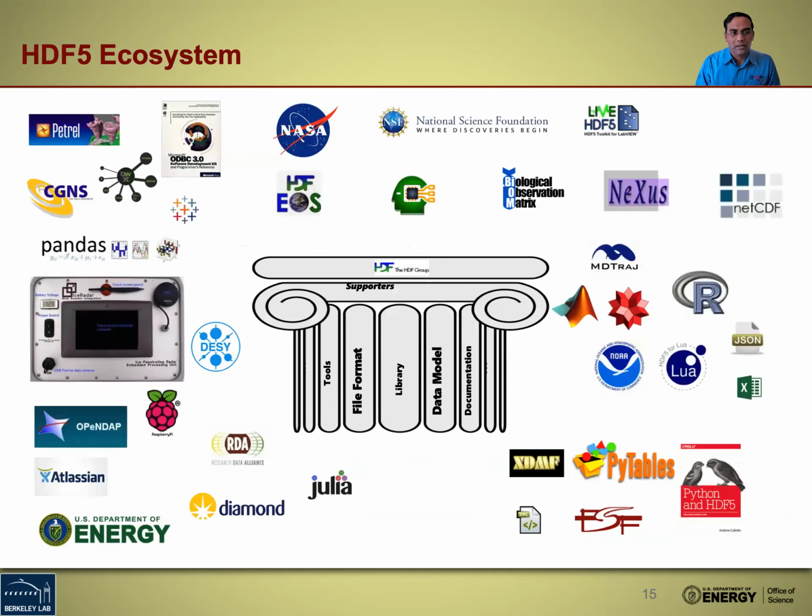It has a very high coverage of ecosystem in terms of third-party libraries on how to use the HDF5 library easily, and also various visualization tools that can read the data from HDF5 much more easily and visualize the data. So the overall ecosystem is very rich.